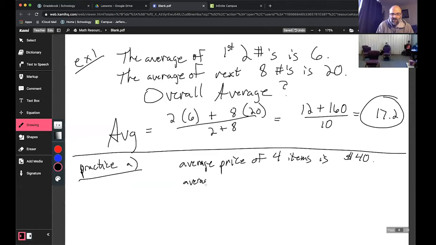Average of next 6 is $80. Okay, what's the overall average price? Okay, so see if you can take a minute and figure that out. Go for it.